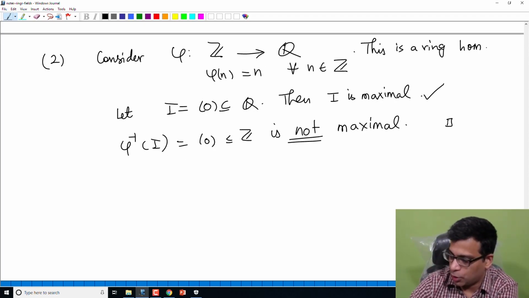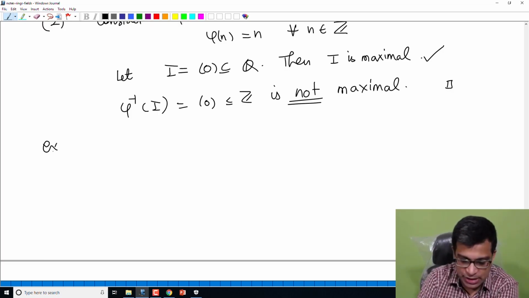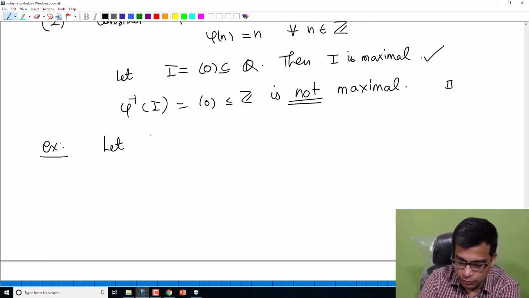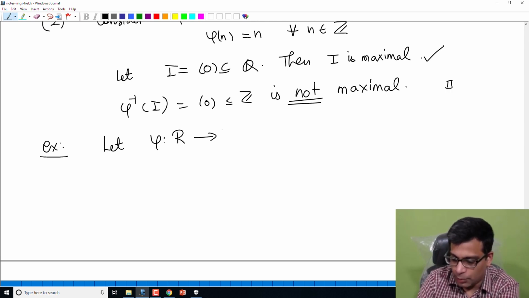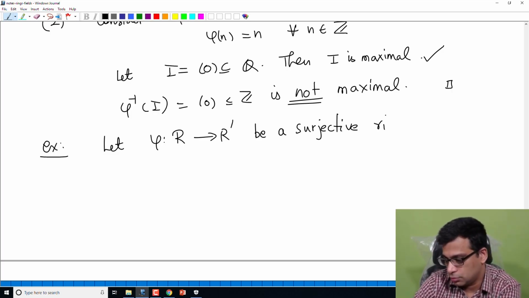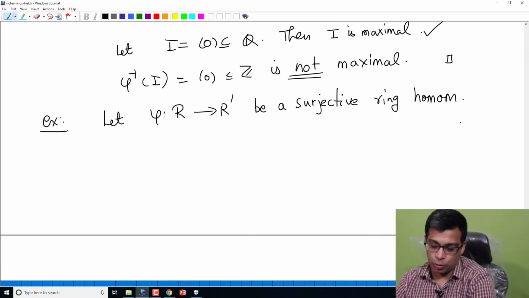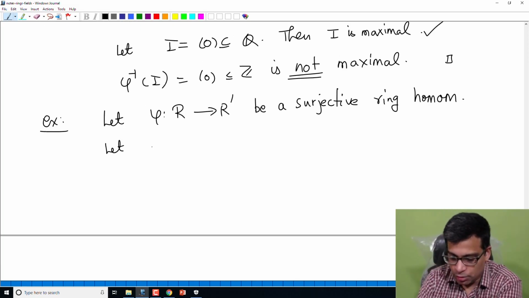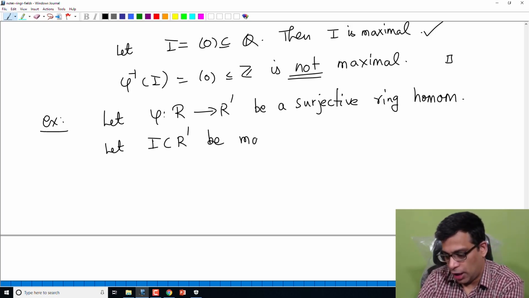So this completes the problem, but let me give you an exercise. Suppose phi from R to R prime is a surjective ring homomorphism, and let I be maximal in R prime.